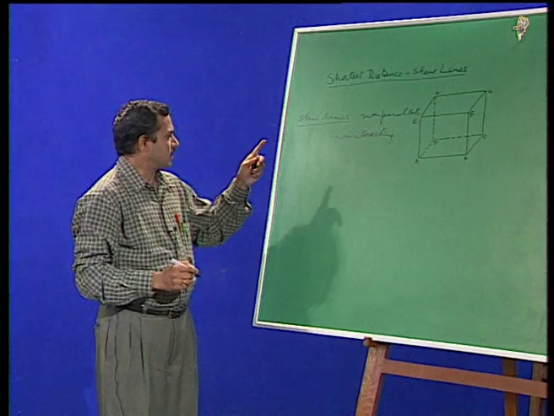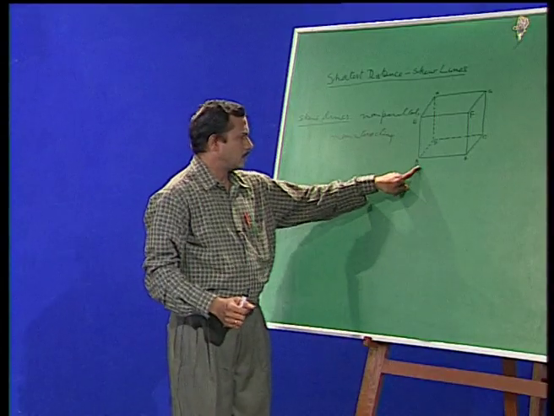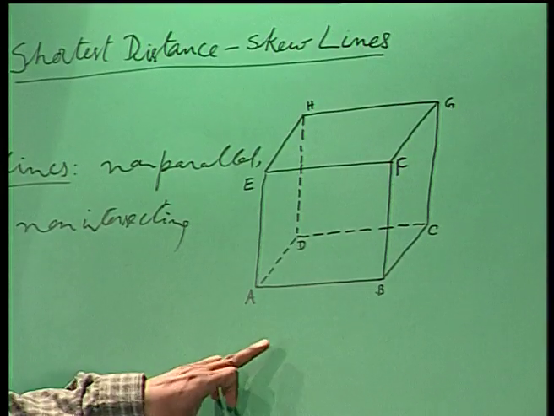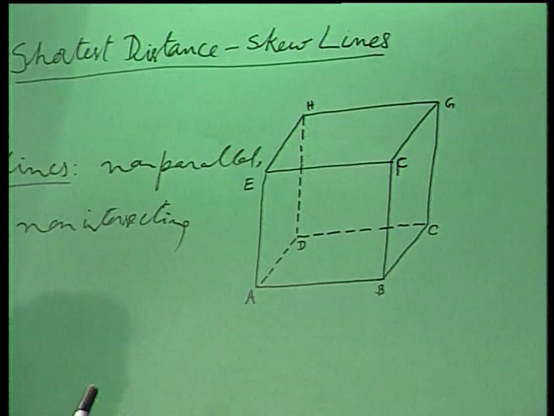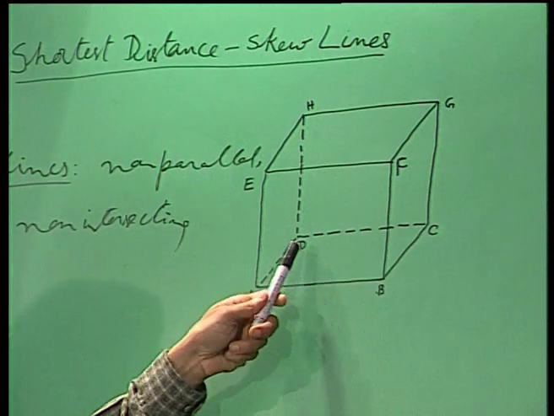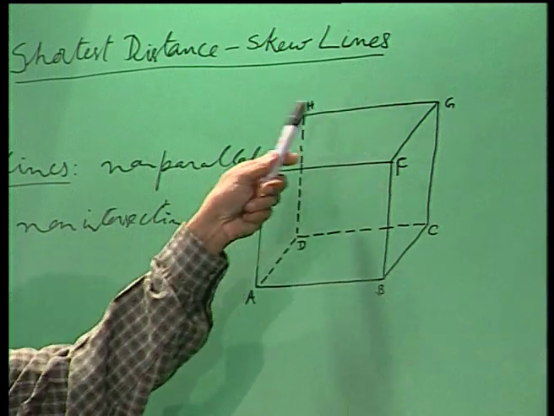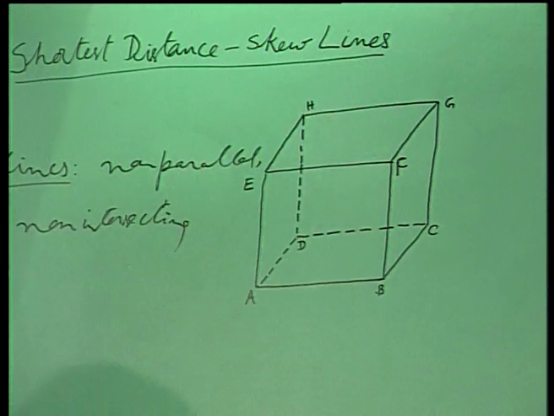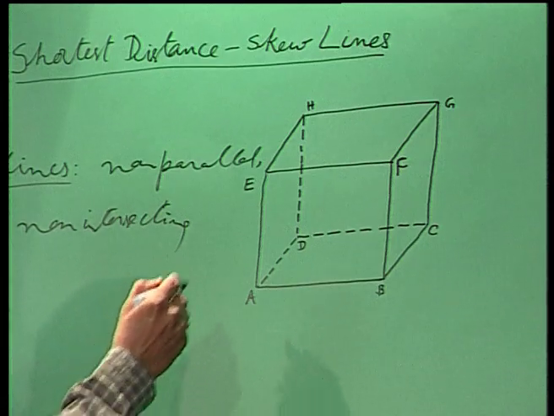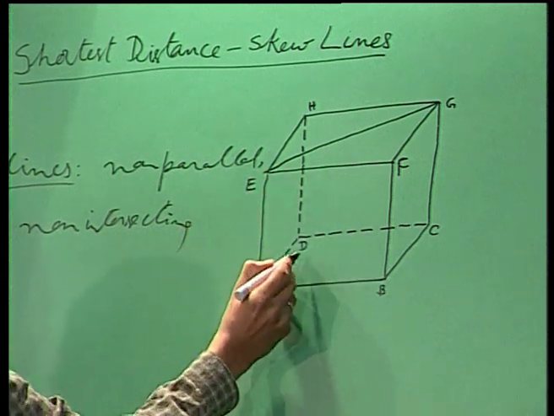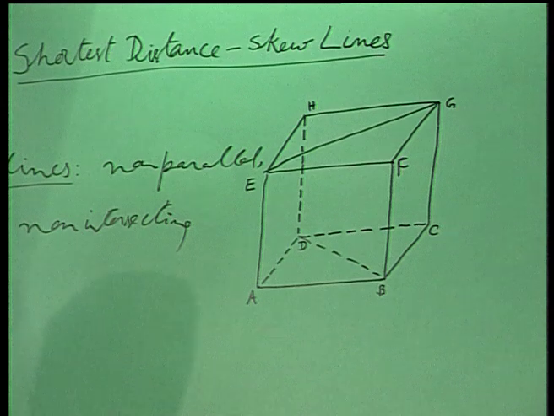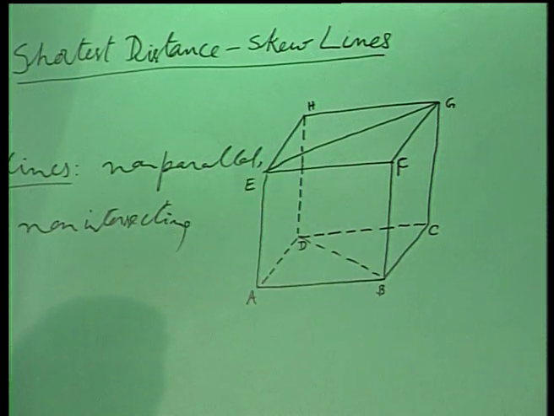To give examples of skew lines, let us look at this cuboid. Let us consider a cuboid A, B, C, D, E, F, G, H. In this cuboid, the bottom is A, B, C, D and the top is E, F, G, H. Let us consider two diagonals in this cuboid: the diagonal E, G and the diagonal D, B. These two diagonals are non-intersecting and non-parallel.